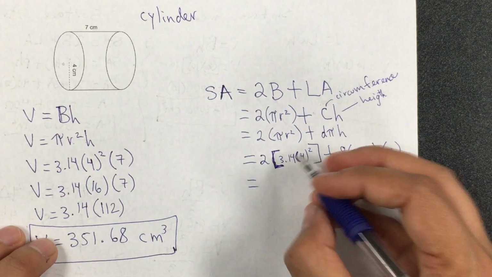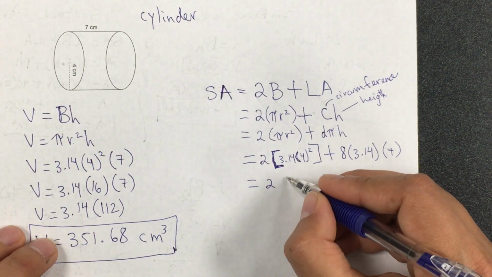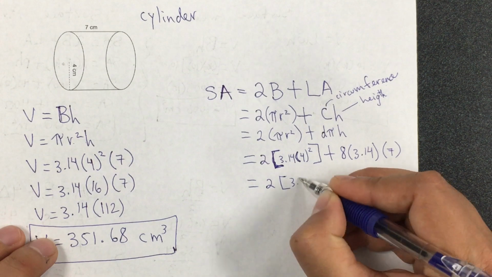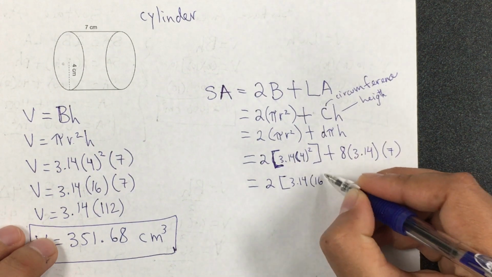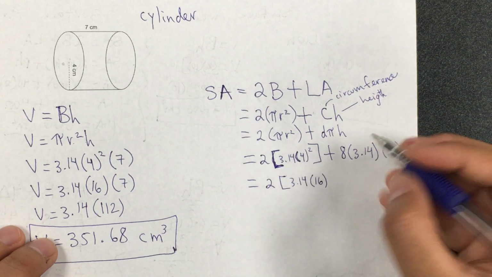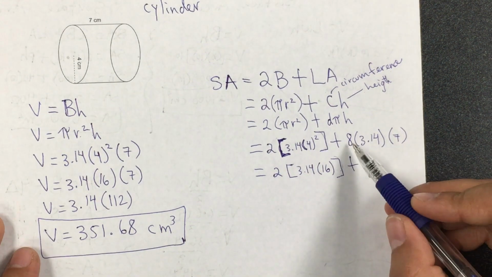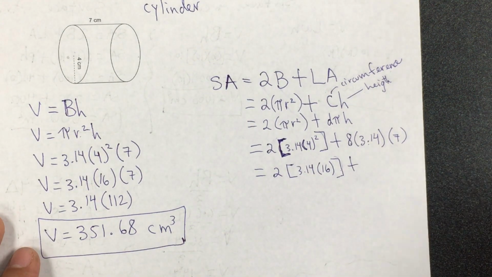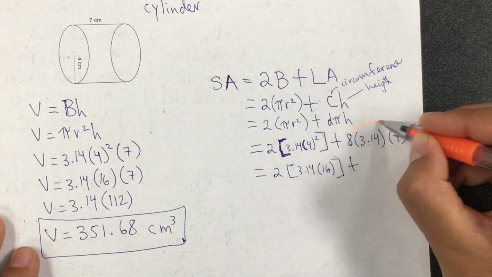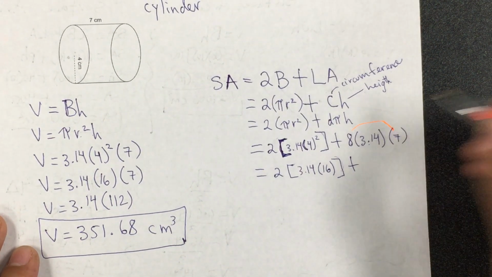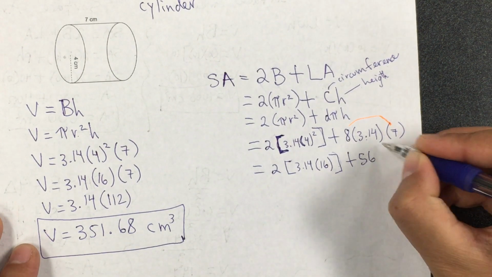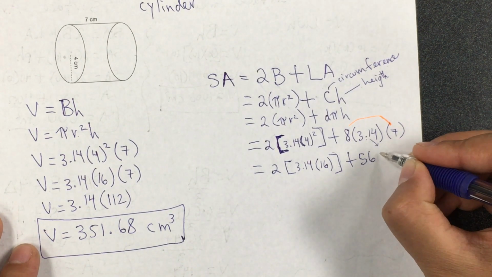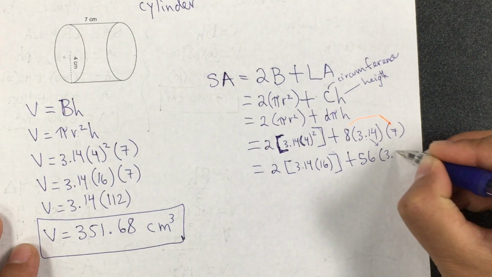So here we're going to multiply 2 times 3.14. 4 squared is 16 because it's 4 times 4. Here you can multiply this times this first, or I prefer to do the whole numbers first because multiplication is commutative and associative. So 7 times 8 is 56, and just bring down the 3.14.